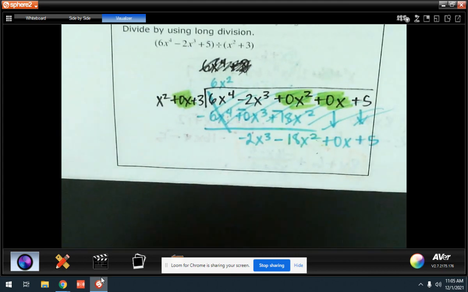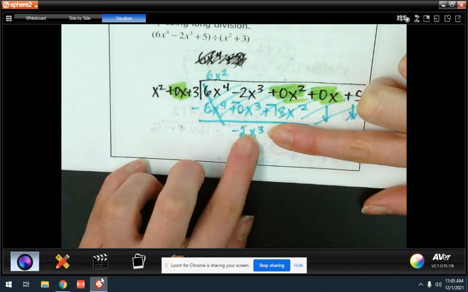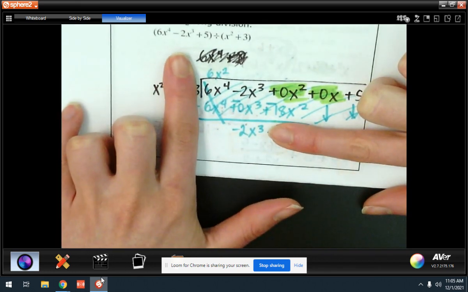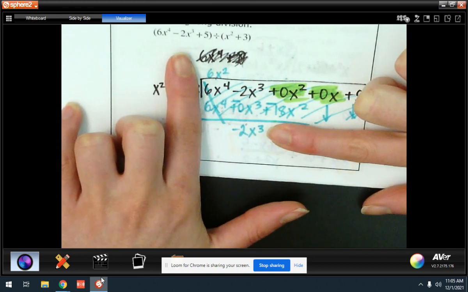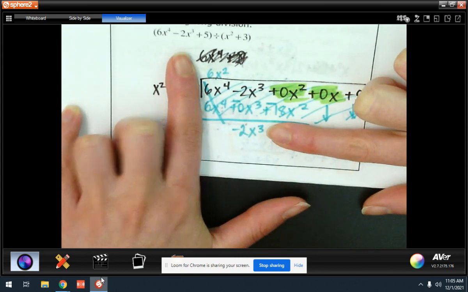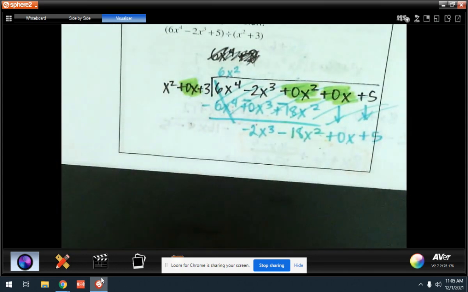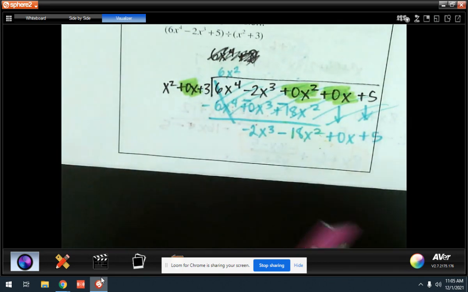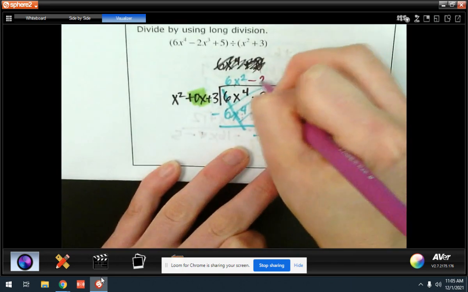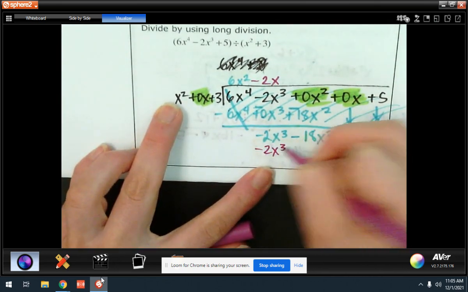We are at this blue polynomial. Asking ourselves, x squared times what would give me negative 2x cubed? We need a negative 2 and an x for negative 2x. Negative 2x times x squared is negative 2x cubed.